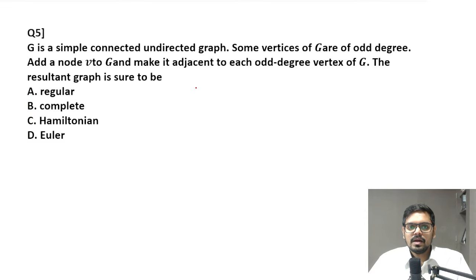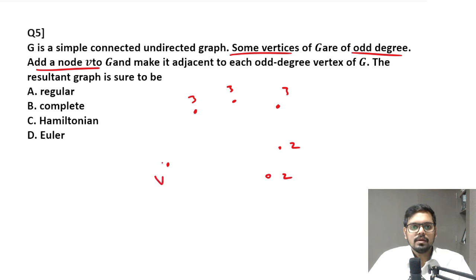You can verify by the example. Suppose I have some vertices of odd degree, some vertices even degree, and add a node V to G, and make it adjacent to the odd degree vertices, adjacent, adjacent, adjacent.